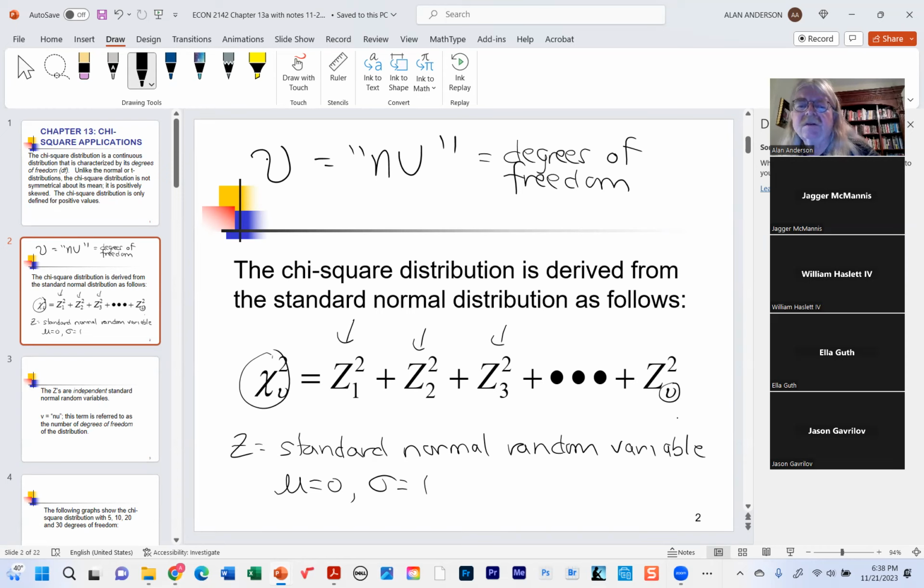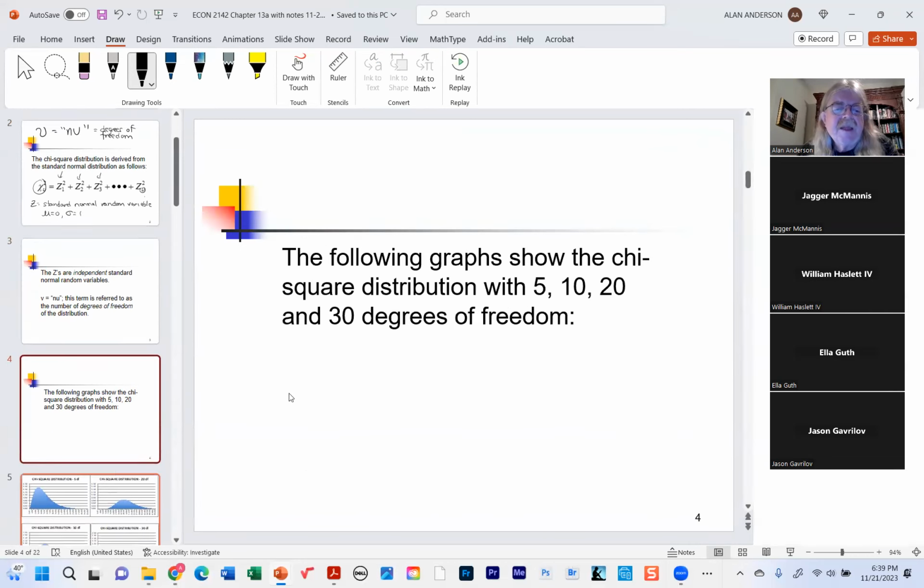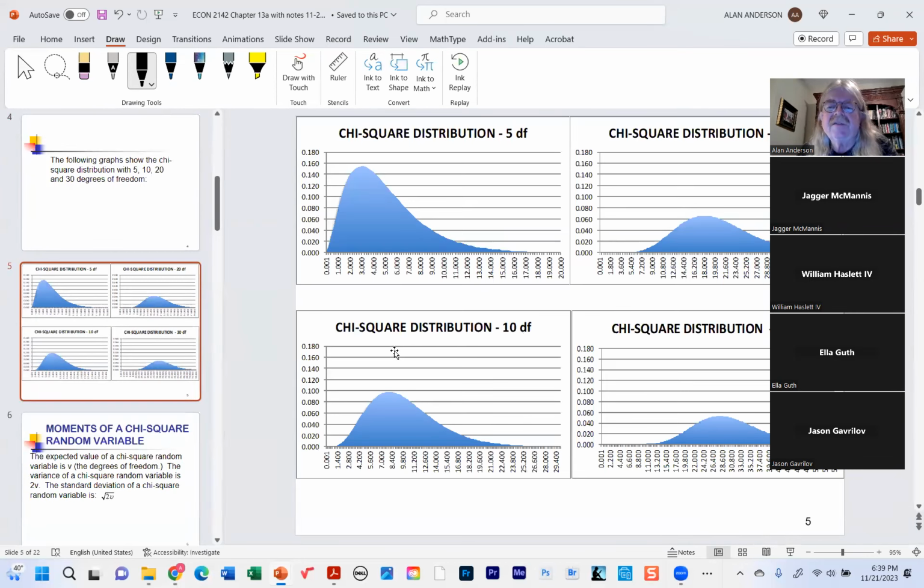This is not critically important. We do need to understand what's happening here, but what we really need to know is that the chi-square distribution does not allow for negatives. We've already seen the graphs, so we have a feel for what this distribution looks like.